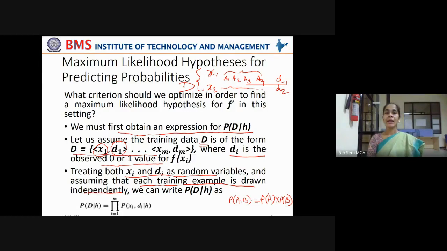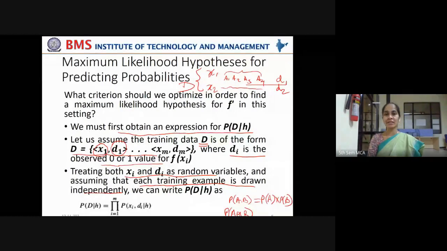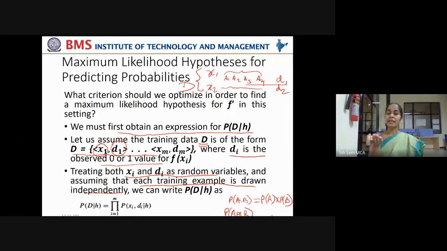Now, if you have mutually exclusive events A or B, mutually exclusive means, as I said already, if I toss a coin, then the appearance of head on top excludes the appearance of tail on top.